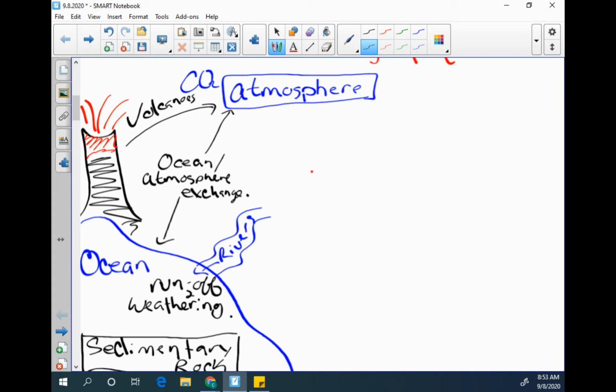So as weather, air, wind, rain kind of slowly breaks down rock on the surface of the earth, that rain washes all the carbon that was in those rock-like substances into the ocean. So rivers can release carbon dioxide into the ocean through runoff and weathering, and all of the carbon in the ocean can be deposited into sedimentary rock. So as that carbon gets too heavy, it will all clump up and sink down to the bottom and eventually form rock at the bottom of the ocean.